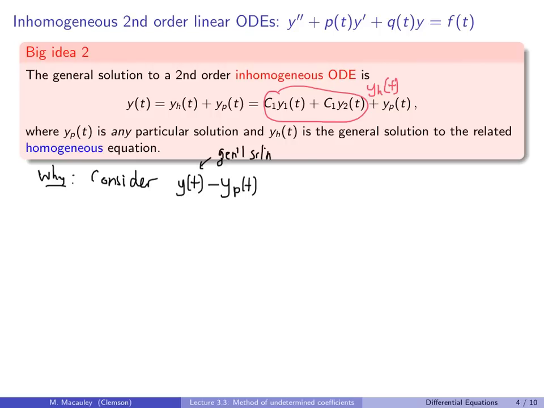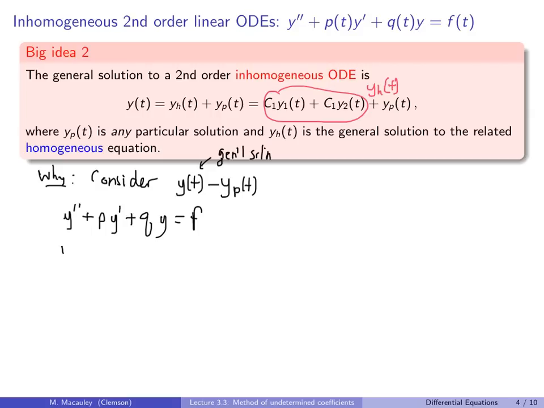Whatever it is, we know that it will satisfy y double prime plus p of t times y prime plus q of t times y equals f. I mean, that's what it means to solve this equation. And the particular solution satisfies that as well.